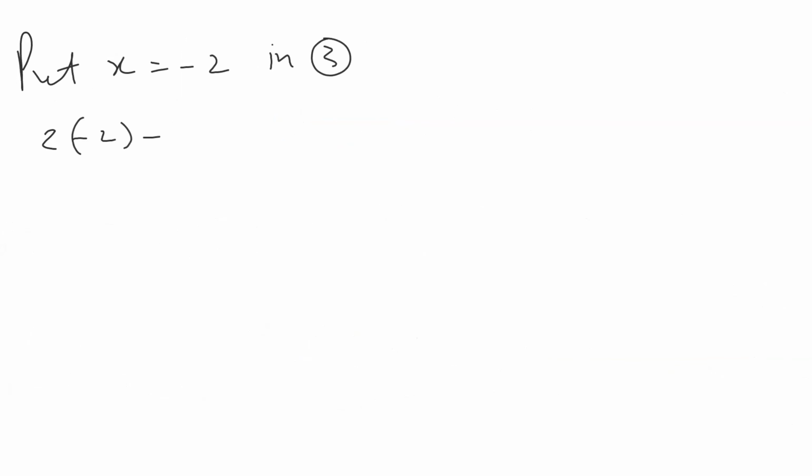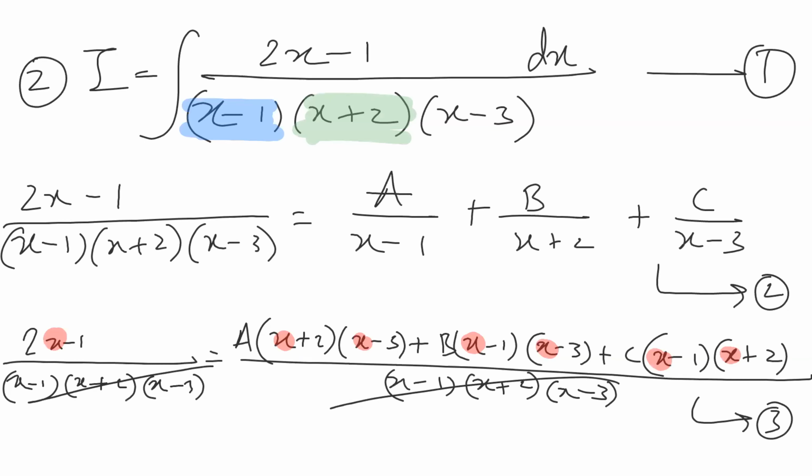So 2 into minus 2 minus 1, a into, in equation number 3 wherever you see x, see I have highlighted x, put minus 2 over there.